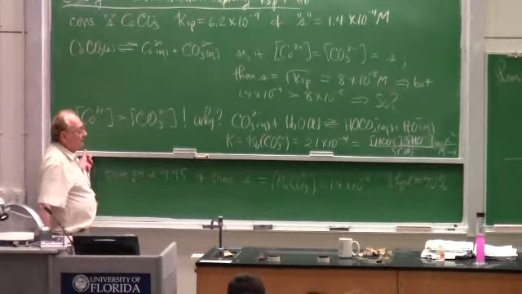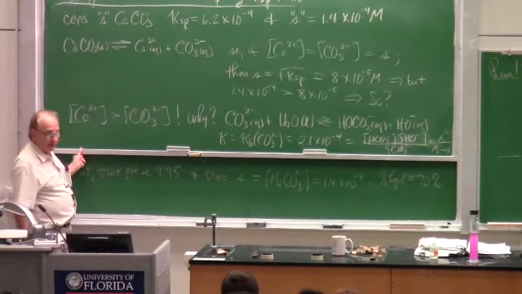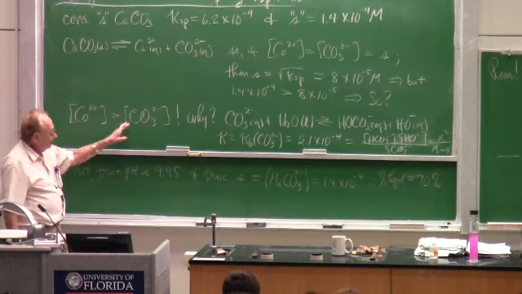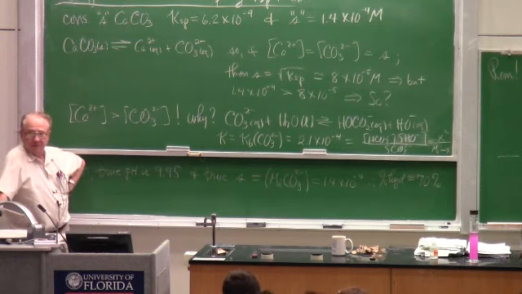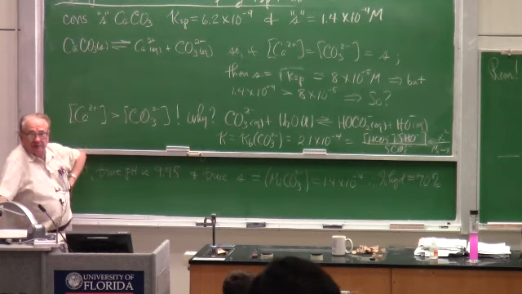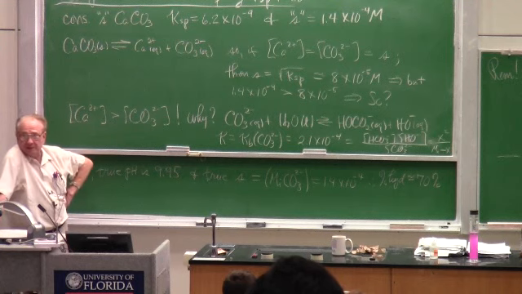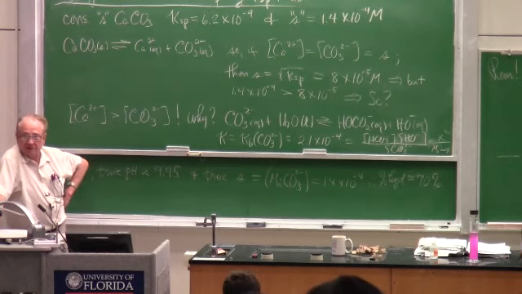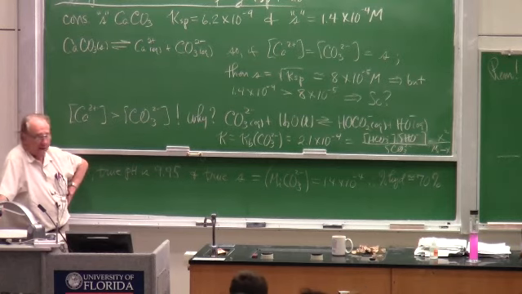Upshot, in saturated calcium carbonate solution, which we just prepared, the calcium ion molarity is considerably greater than the carbonate ion molarity. Because once this equilibrium is established and the calcium ion is put in the solution, the calcium ion sits there, it engages in no further chemistry. But there's another tug, so to speak, on the presence of carbonate ion and its molarity.